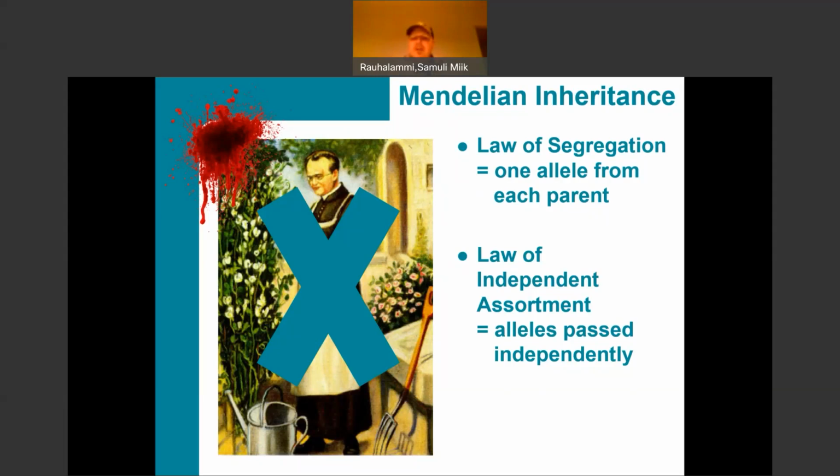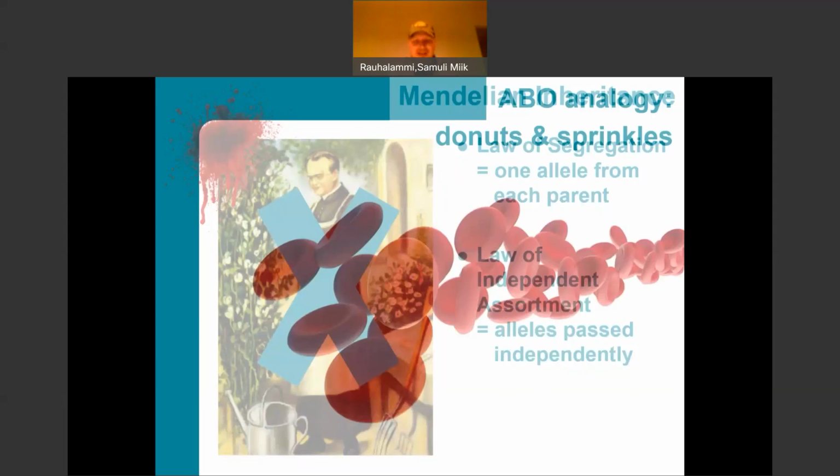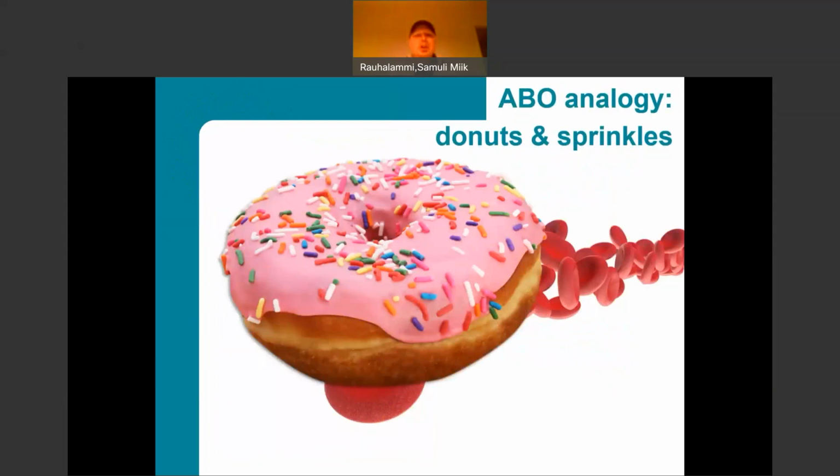To do that, I'm going to draw an analogy. Work with me, this is going to be a bit of a stretch, but if you work with me, we'll get there together. Red blood cells look a little bit like donuts, and on top of donuts you'll find sprinkles.